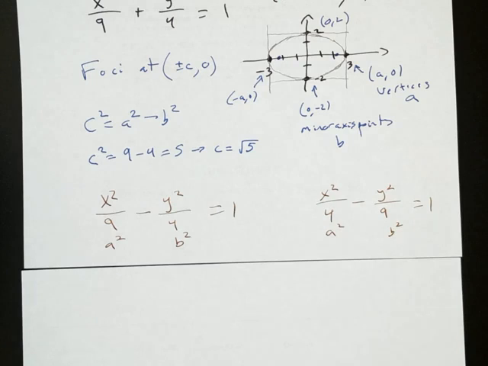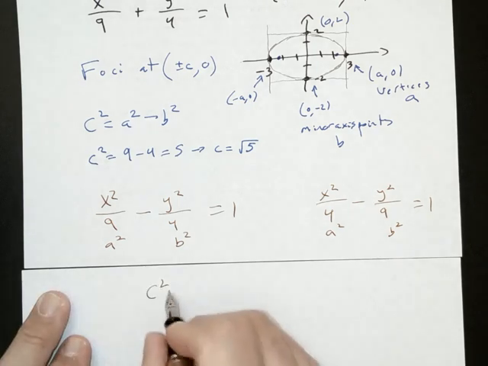Okay, wait a second. In the ellipse, the curve wraps around the foci, right? In the parabola, it wraps around the focus. In the hyperbola, it should wrap around the focus also. But that means the focus needs to be outside the vertex rather than inside the vertex. Which means to find C, I need to make the number bigger, not smaller.